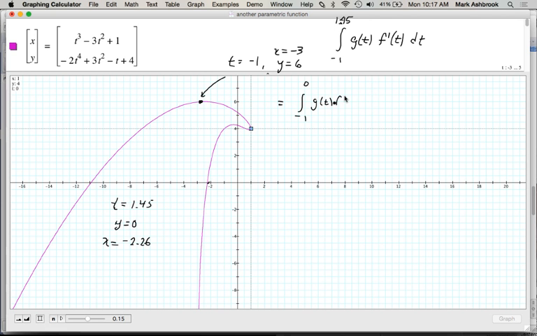This is y dx, right? G f prime. Okay. This is our f of t up here, right? This is our f of t for x. This is our g of t. Plus, then from 0 to 1.45 of that same thing. And that will be the same as integrating that original integral that I wrote down. Is it fair? So I'm just going to split it up into two parts.